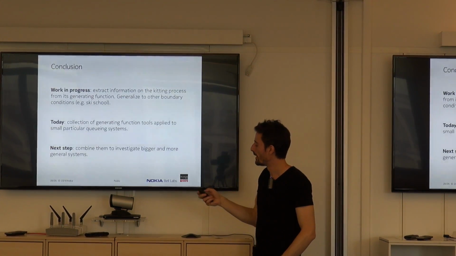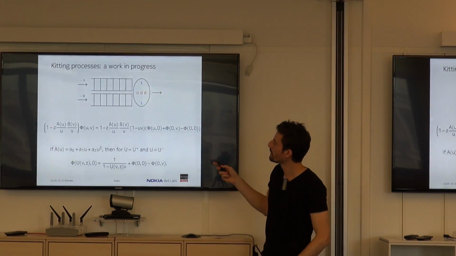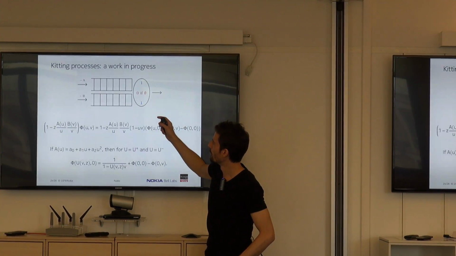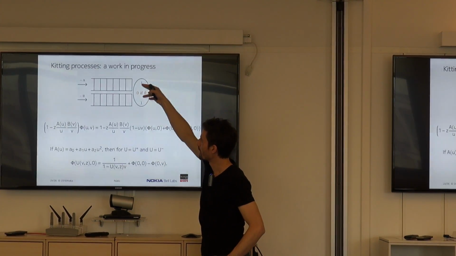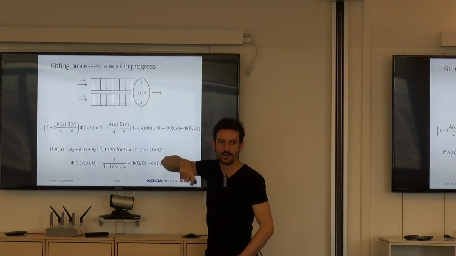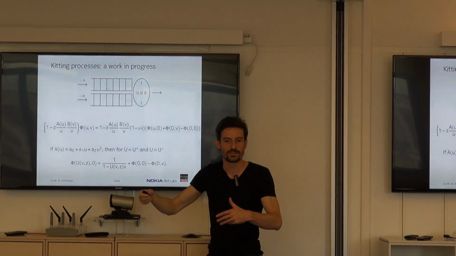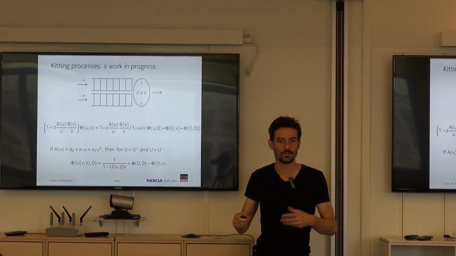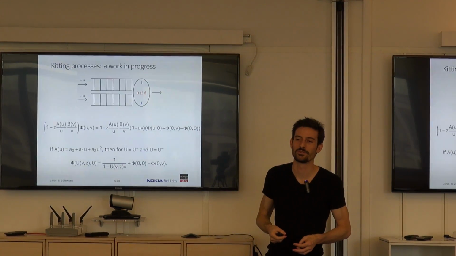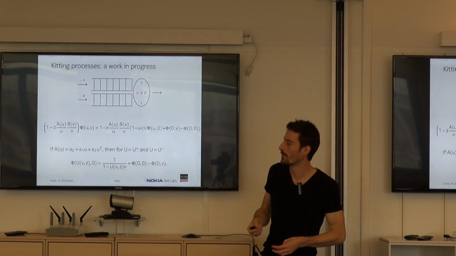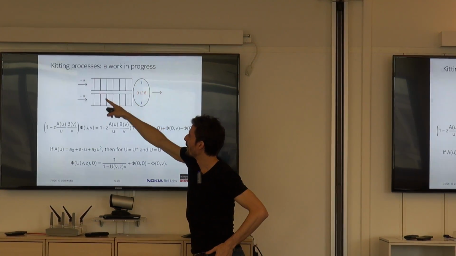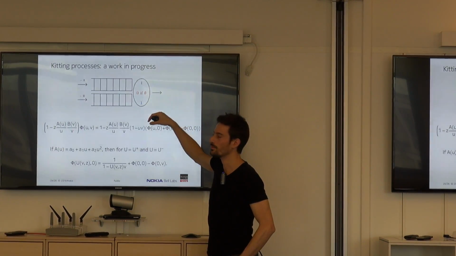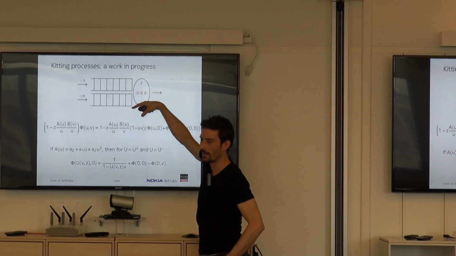And also, yes, we studied this particular case, the Keating process. So we serve one client in each line, and when they are empty, we do something different. We could try to generalize that to other policies when one of the queues is empty. For example, there is a ski school problem where there are people waiting to go skiing, and you serve one in each if they are both non-empty.